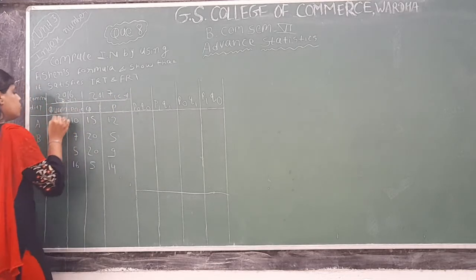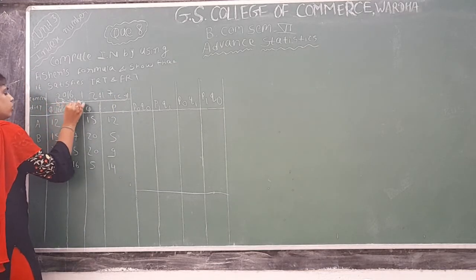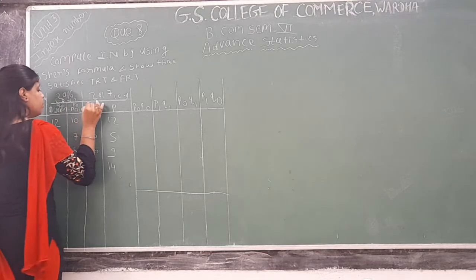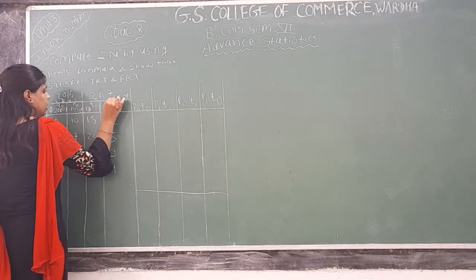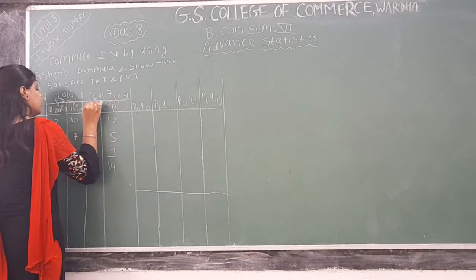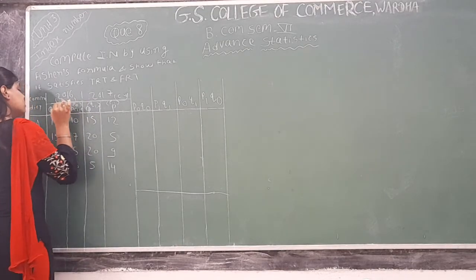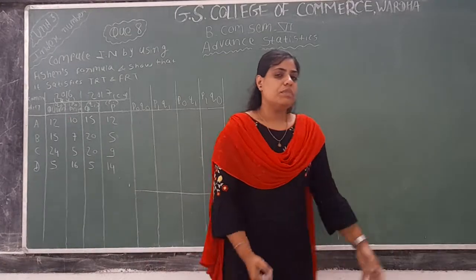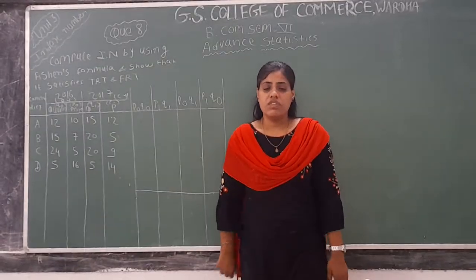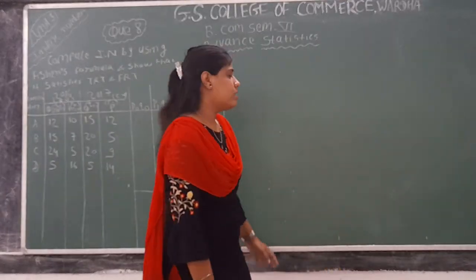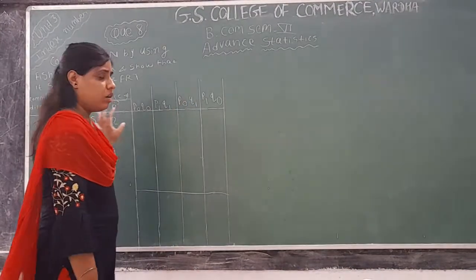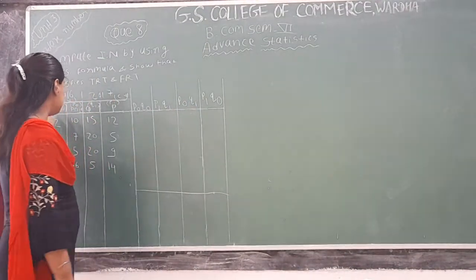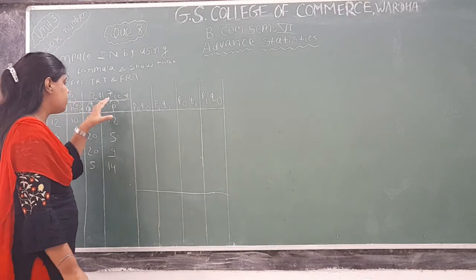So this is going to be Q0 and this is going to be P0. It will be Q1 and it will be P1, because the prices and quantity of the base year are represented by 0 and the prices and quantities of the current year are represented by 1. That is why we have Q0, P0 and Q1, P1 over here.